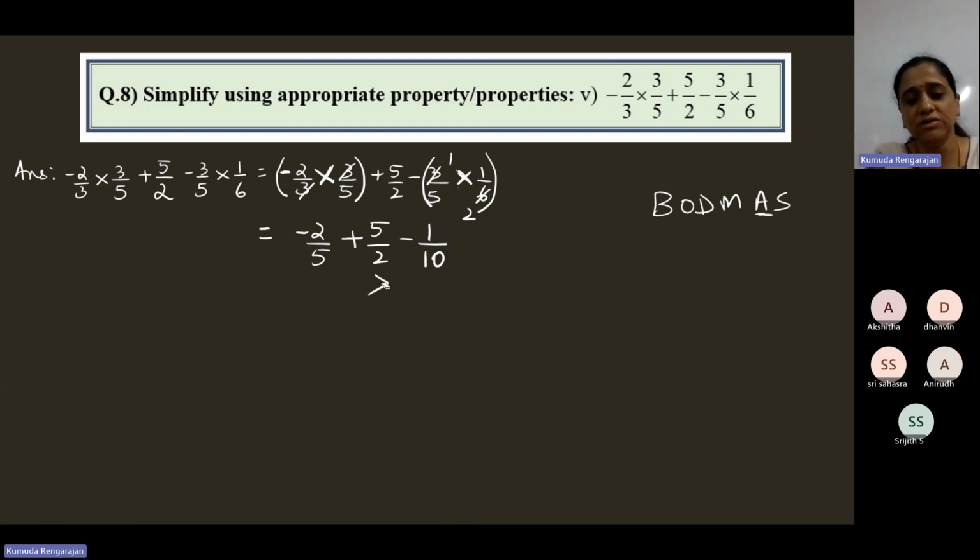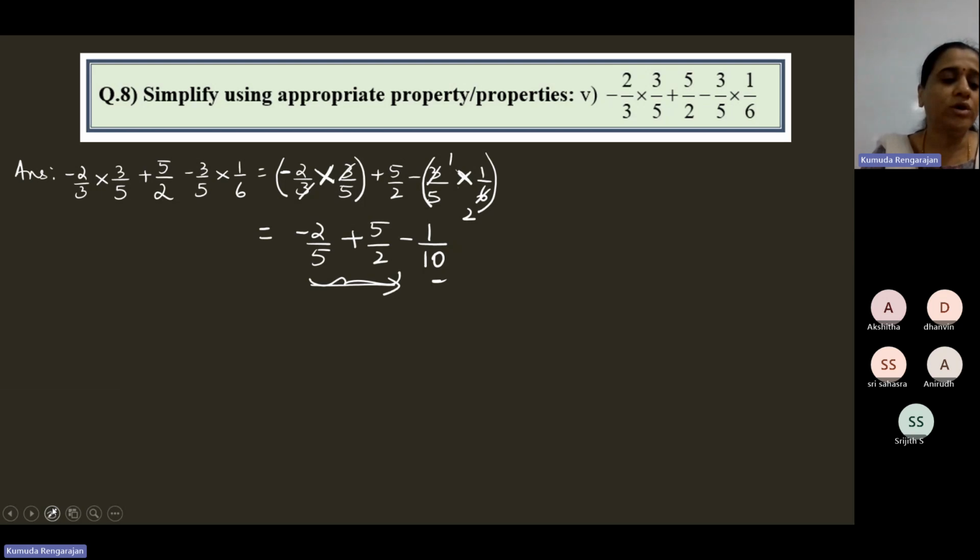Actually, when you have addition and subtraction, they have equal weightage. Whichever comes first from the left, do that first. So you do these two first. Get the answer, and then with that answer, you can do minus 1 by 10.